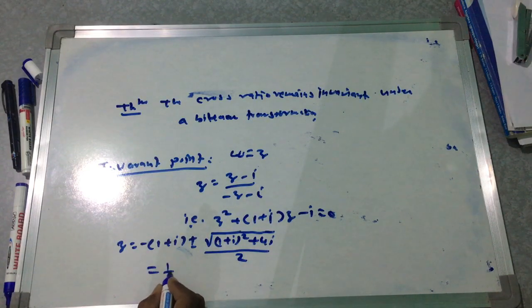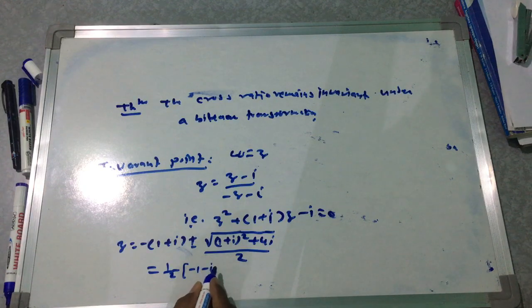This is equal to 1 upon 2 of (minus 1 minus I plus or minus root 6I).